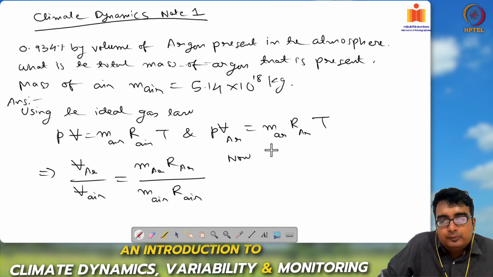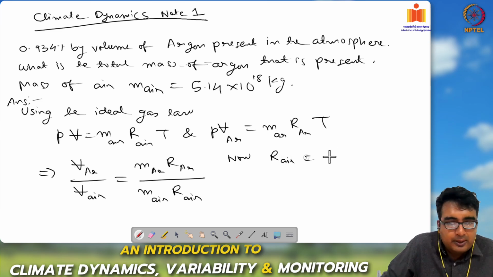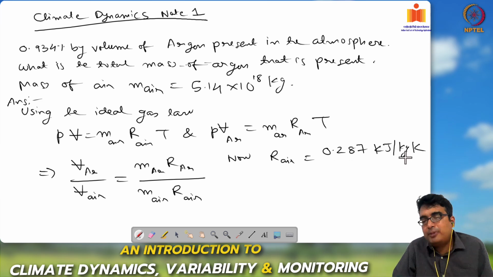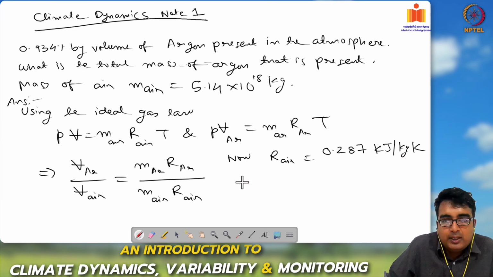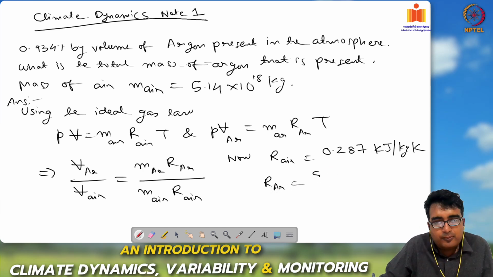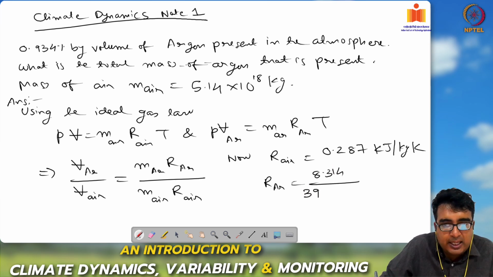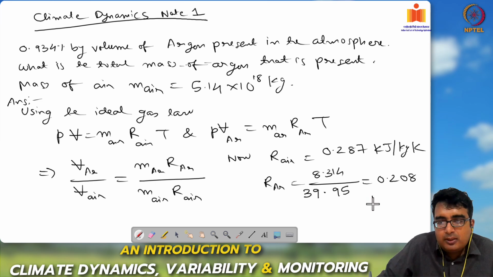Now, gas constant for air is 0.287 kilojoules per kg Kelvin, or 287 joules per kg Kelvin, whichever unit you prefer. Gas constant for argon is 8.314 by the molecular mass of argon, which is 39.95, equals to 0.208 kilojoules per kg kelvins.